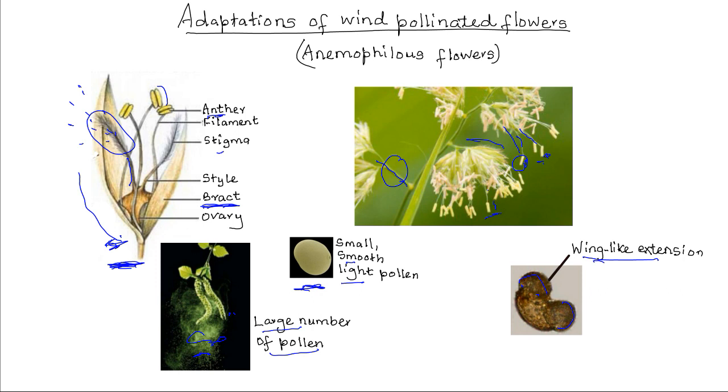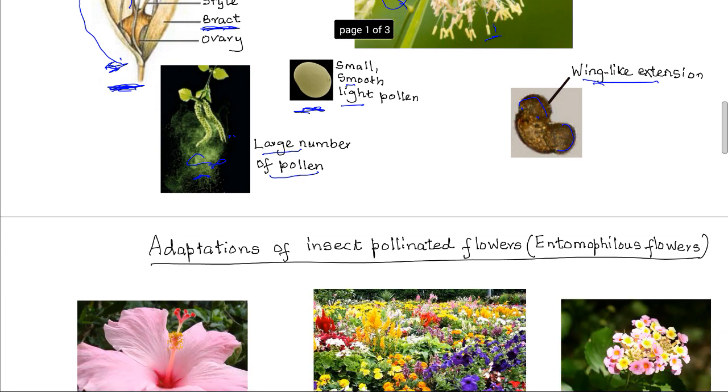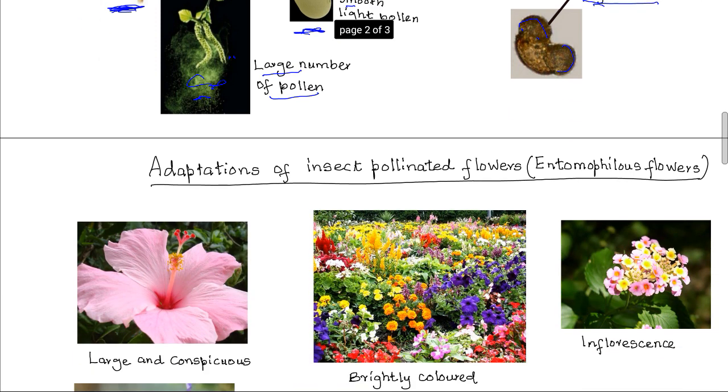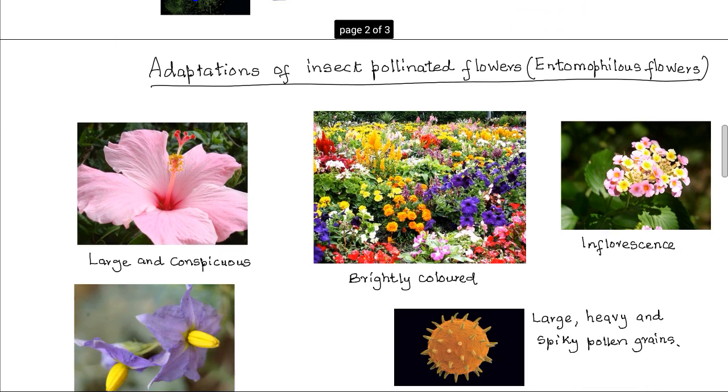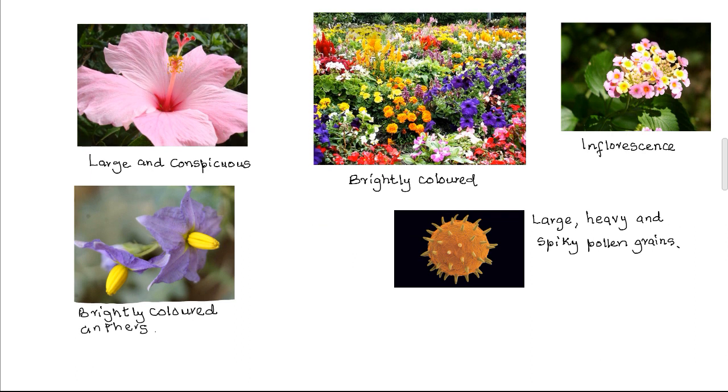The other category of flowers are the insect pollinated flowers, also known as entomophilous flowers. So here you also look at the general characteristics of these insect pollinated flowers, and they have the following characteristics. One, most of them are large and conspicuous with brightly colored petals to attract insects, like in this particular flower here.